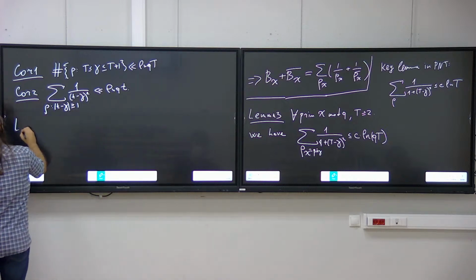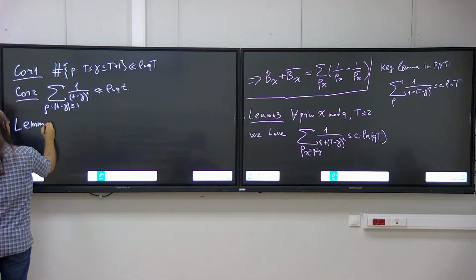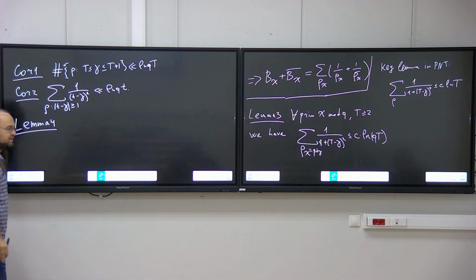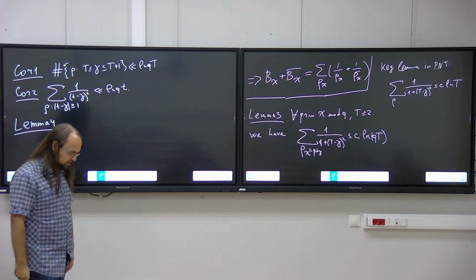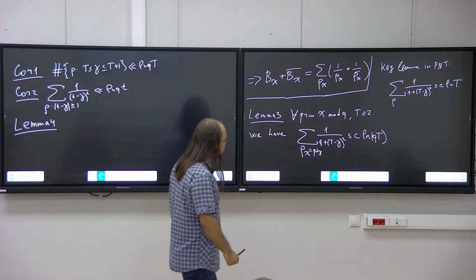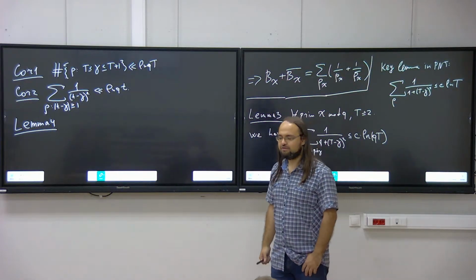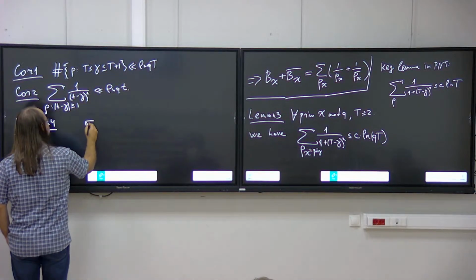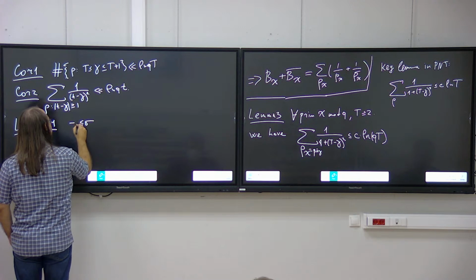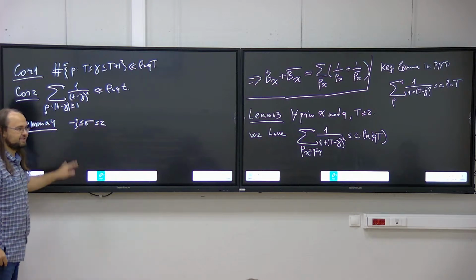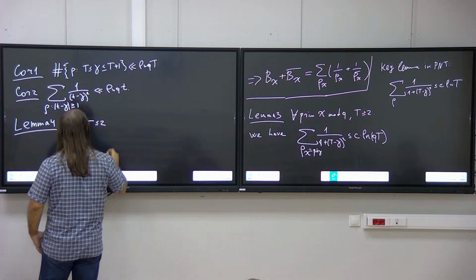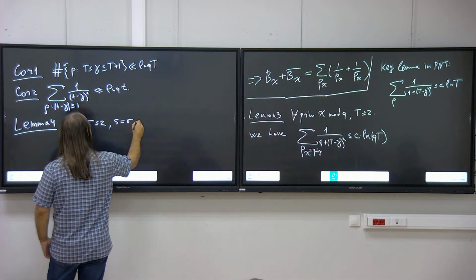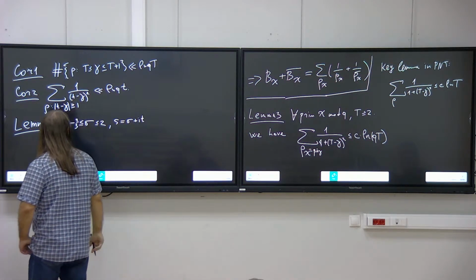So now we are in position to formulate lemma 4, which will be essential. Lemma 4 is the approximation for the logarithmic derivative of L function. So suppose sigma is say between minus 2/3 and 2, something like this, and s is equal to sigma plus it.